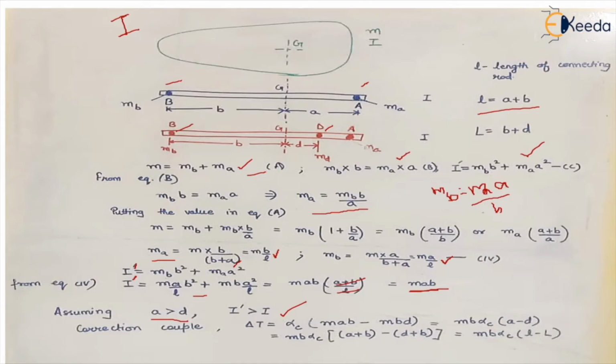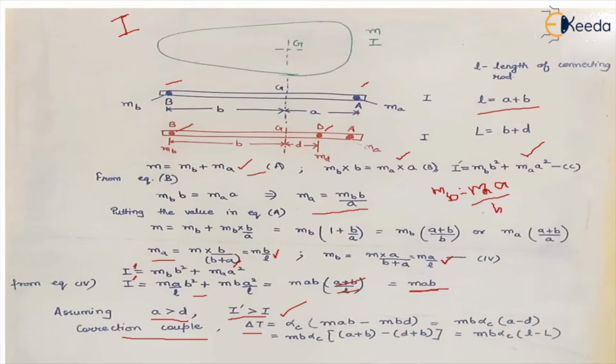So this difference in moment of inertia will produce a correction couple, and that correction couple we are denoting by delta T. We can also say in other words that by taking masses A and B, we have increased the inertia torque from the actual value for the system, right?